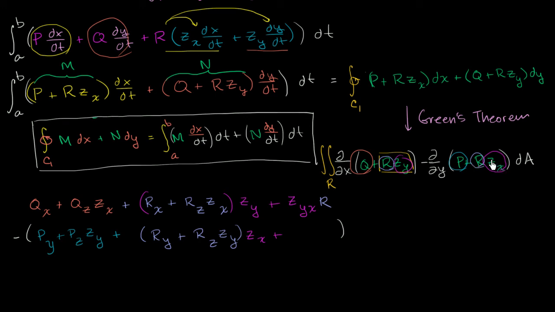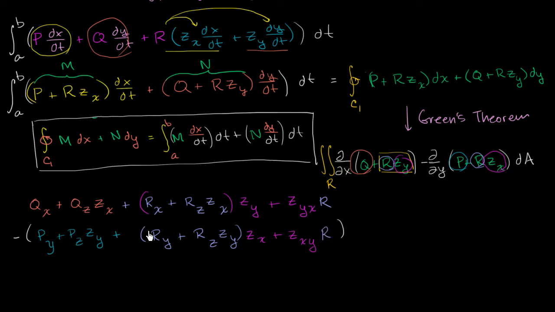The derivative of the partial of z with respect to x then with respect to y is going to be the partial of z with respect to x, and then we're going to take the partial of that with respect to y, and then we're going to multiply that times r.